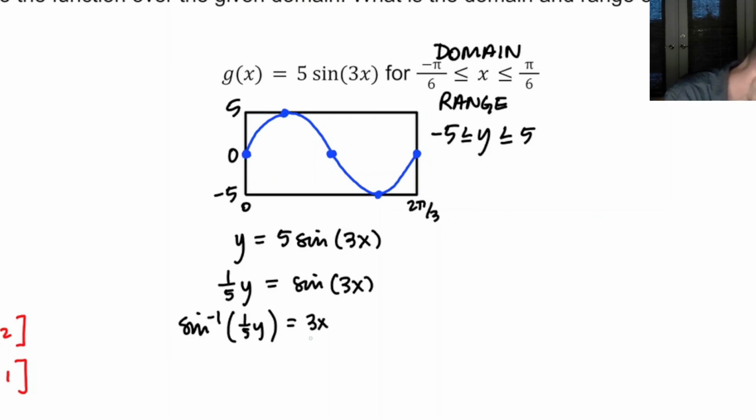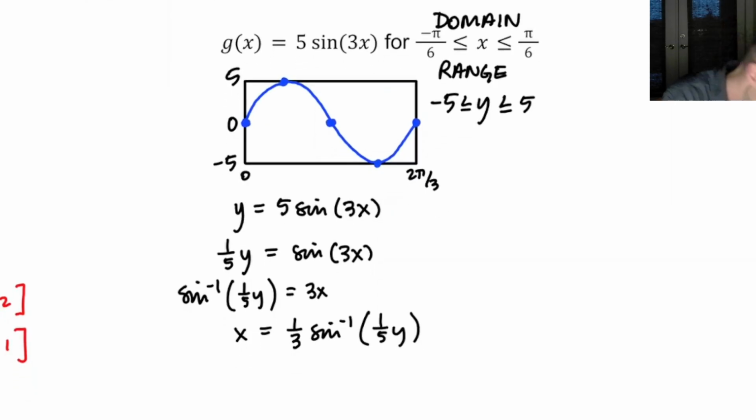Okay, and then I'm going to solve for x, and I'm going to say x equals 1/3 of arc sine of 1/5 y. Okay, so now I've got a formula for the inverse. If I had called that f inverse of y, that would be 1/3 of inverse sine of 1/5 y.